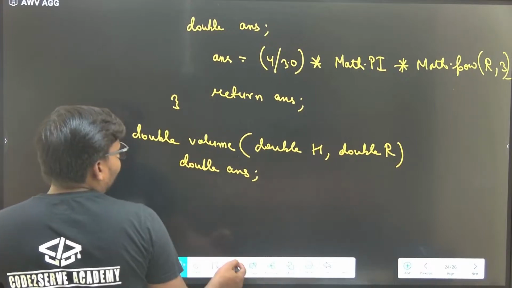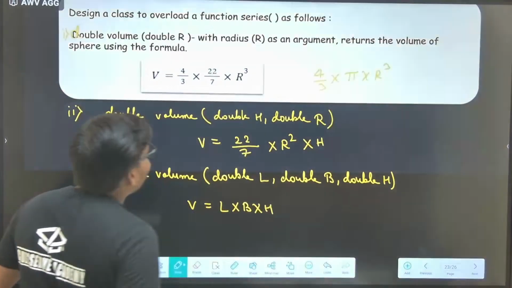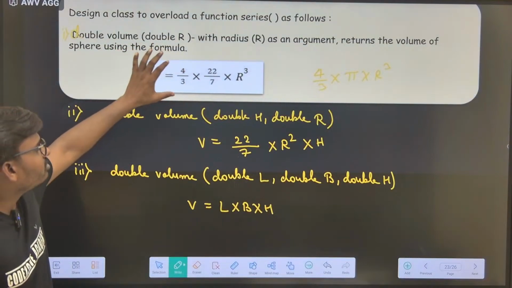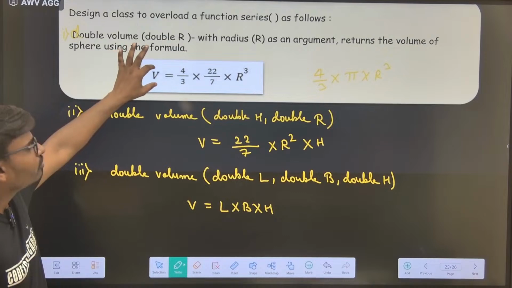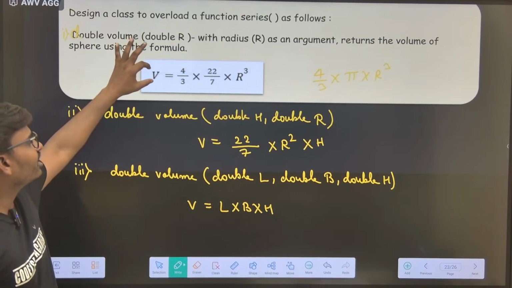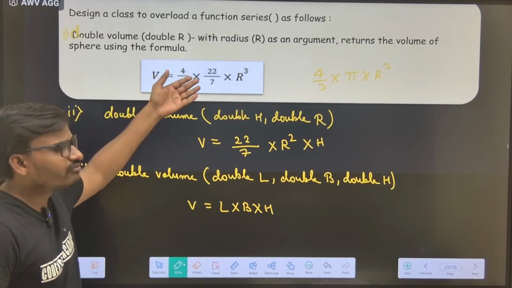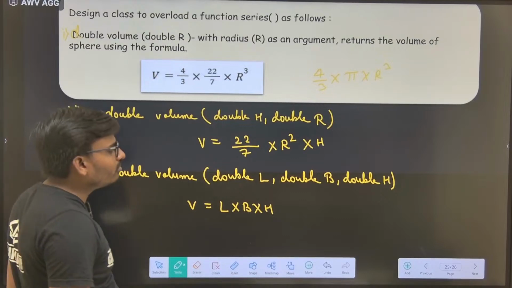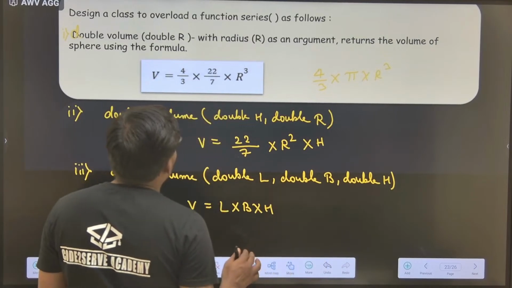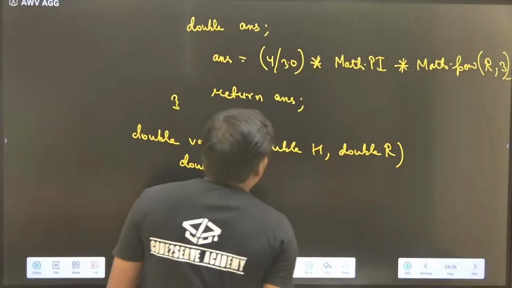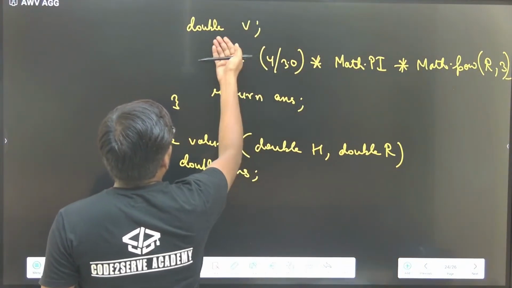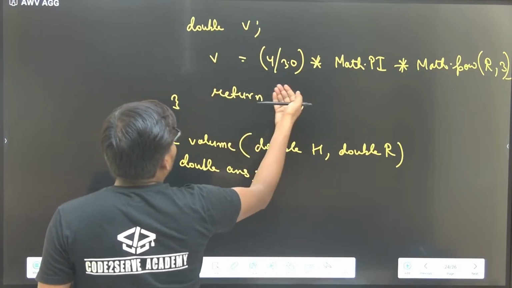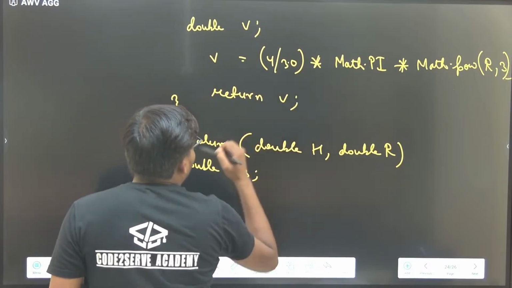It doesn't matter whether it's v or something else, but from an exam point of view, use the same variable convention, like it is given v. You can either use v or your own different variable, that doesn't matter. But for exam, let's make it v itself. Okay, v, and then we return this v.